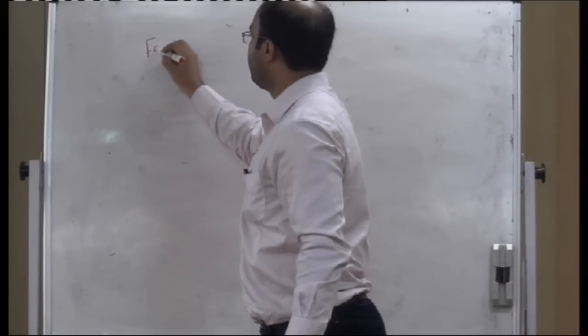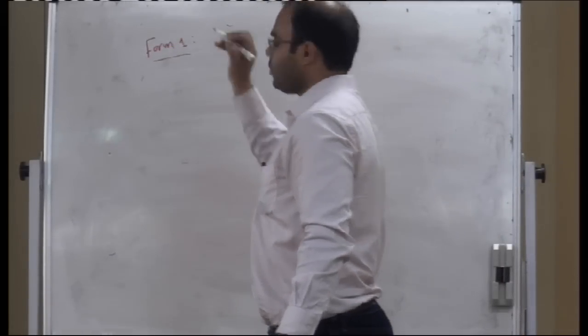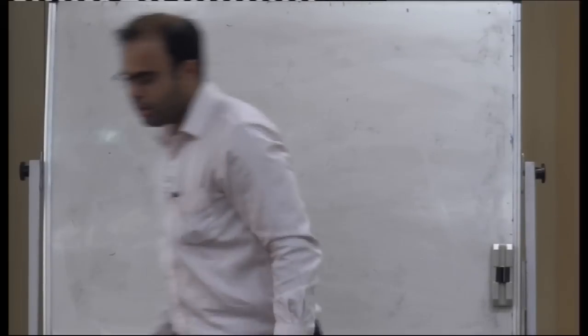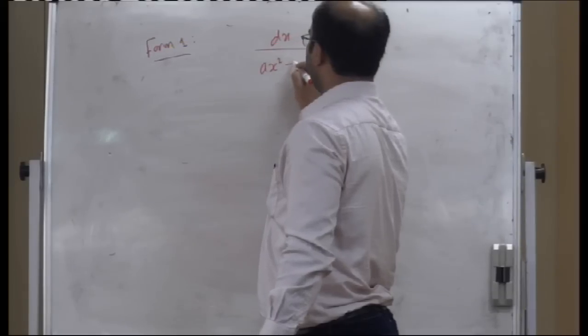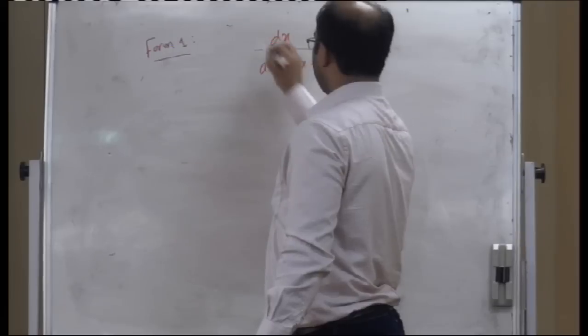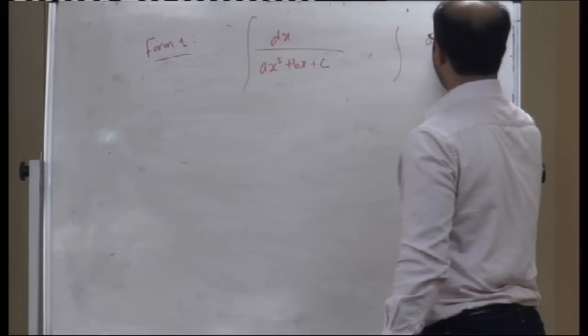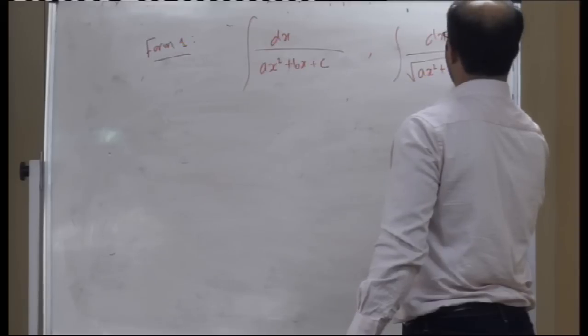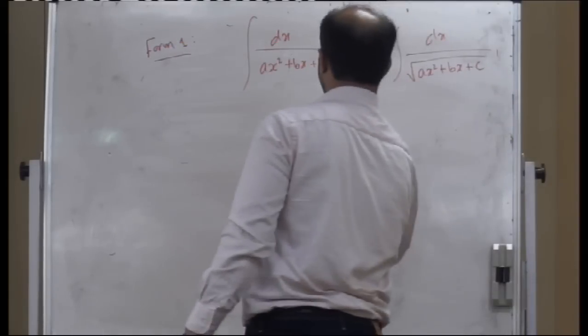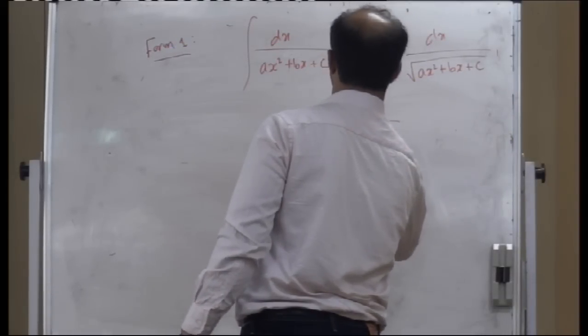The form 1 could be dx by a quadratic in the denominator, or dx by root over a quadratic in the denominator, or dx into root over a quadratic in the numerator.